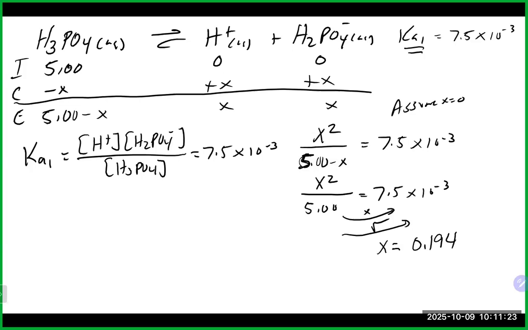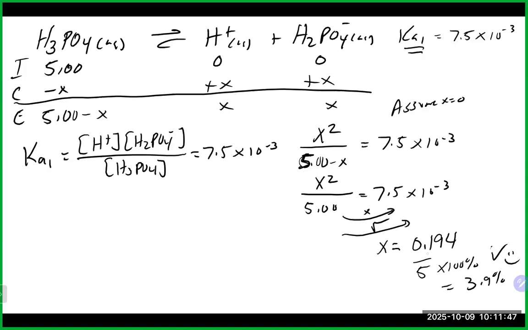We do need to check it to make sure it's all good. So we'll take that, divide it by 5 and times it by 100 just to check it. And it's going to be good because I did change the concentration to make sure it didn't feel quadratic-y today. So that is 3.9% here. If you did it with 1 molar phosphoric acid, you would probably have to use the quadratic. So that check is good.